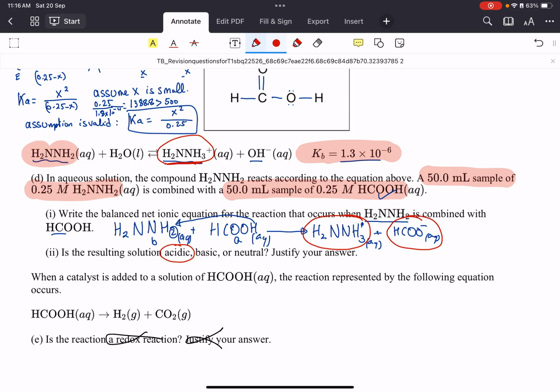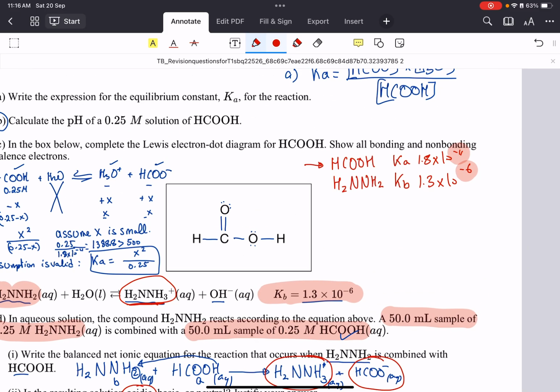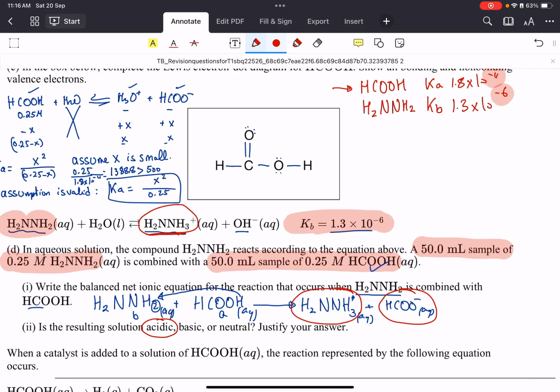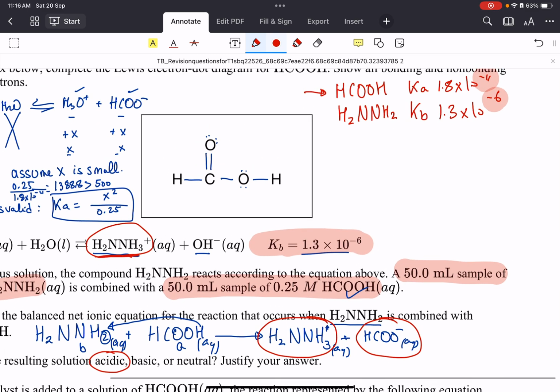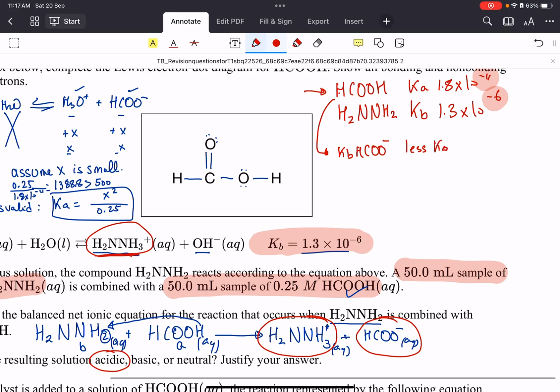Here the Ka is larger, which means, and I'm going to explain it just like the answer key so that you will understand, this is a stronger acid, so it's going to produce a weaker base. So the Kb of COO minus is going to be less than the Ka of the conjugate of this one.